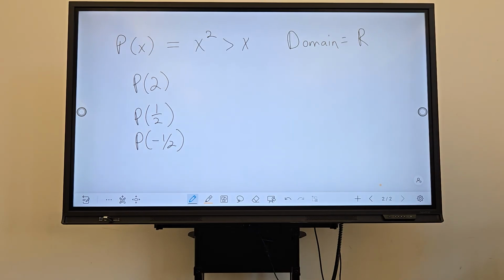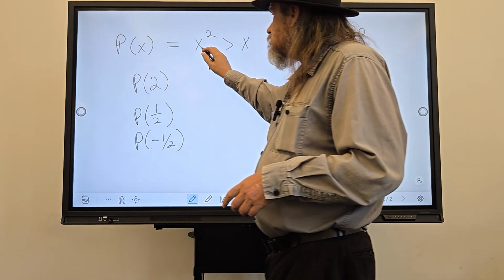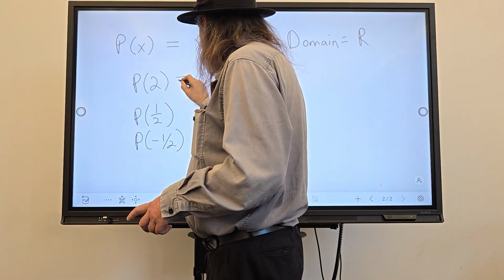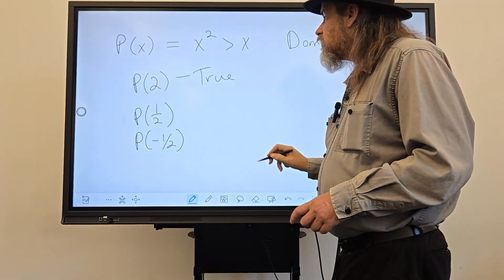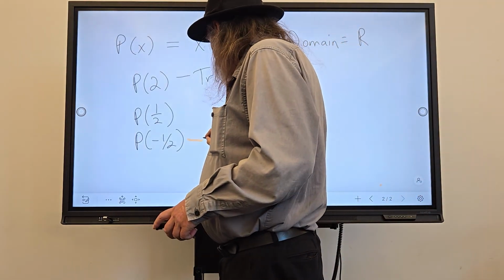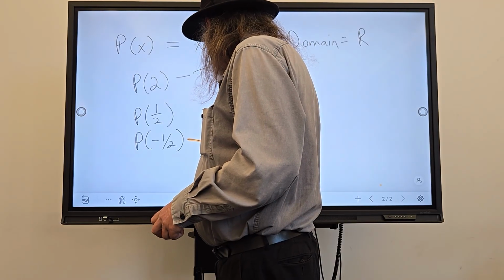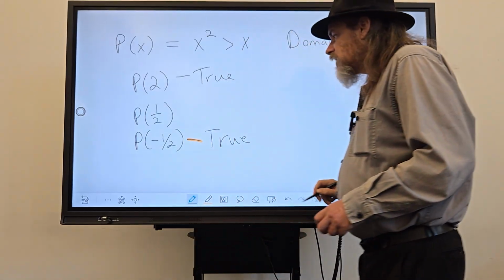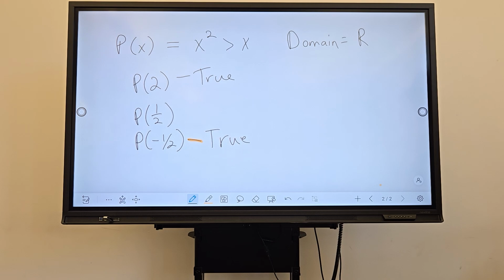Okay, P of 2 is true because 2 squared, 4, is greater than 2, so true. The third is also true because negative 1/2 is in fact less than the square, which is positive 1/4.